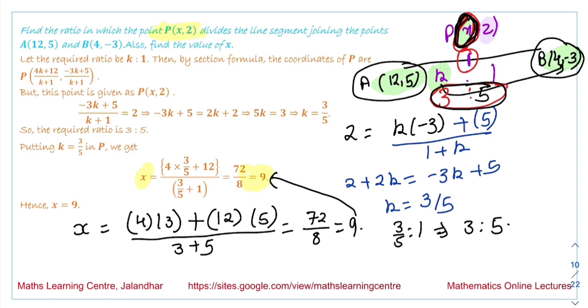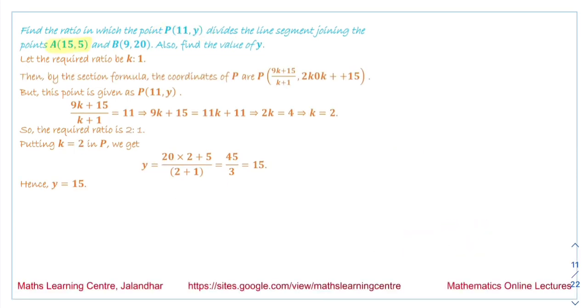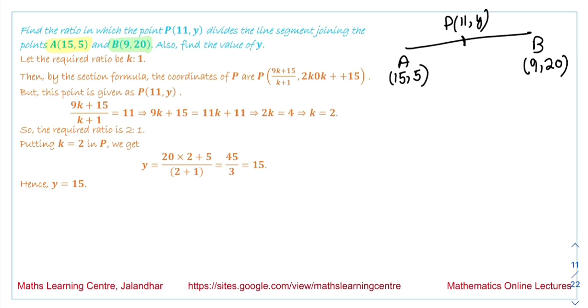Next is: find the ratio in which the point P 11,y divides the line segment joining the 2 points. These are the 2 points given to us: A is 15,5 and B is 9,20. This is the line segment AB, and somewhere on it is the point P, 11,y. We suppose that it divides it in the ratio k:1.